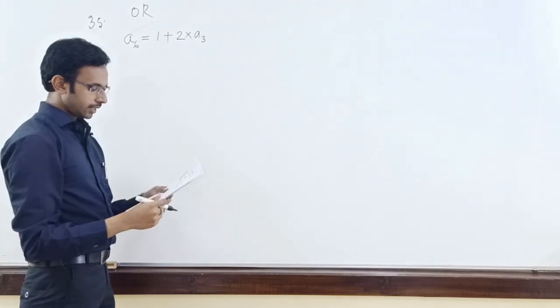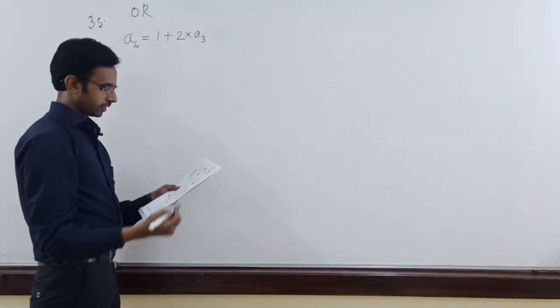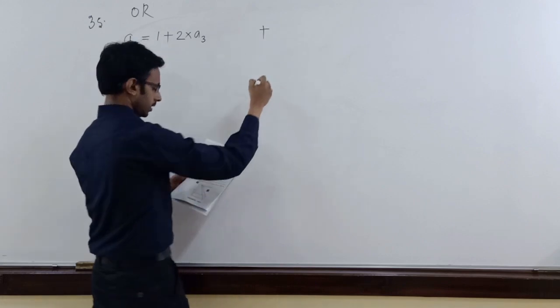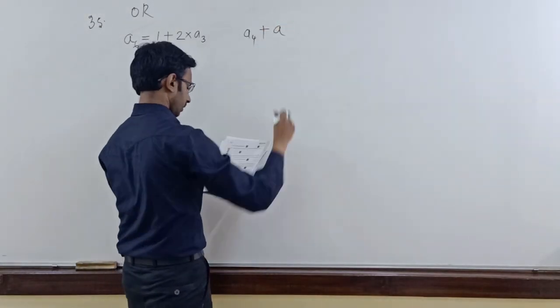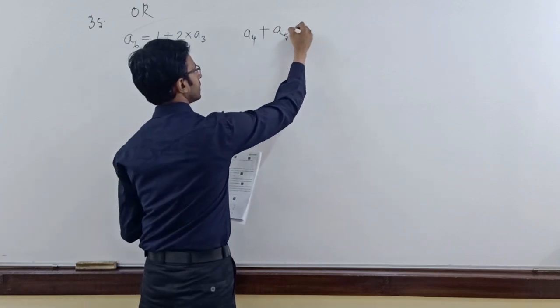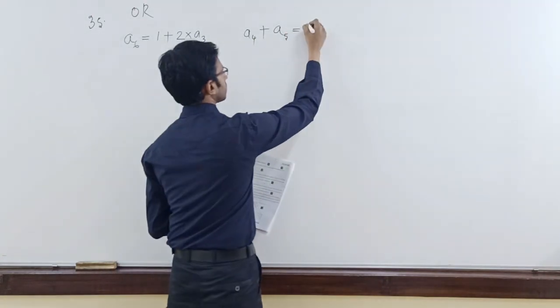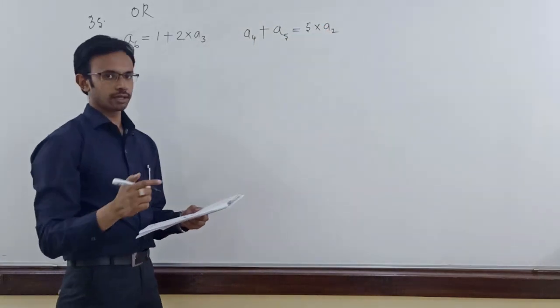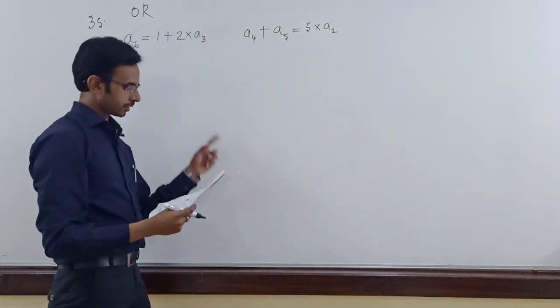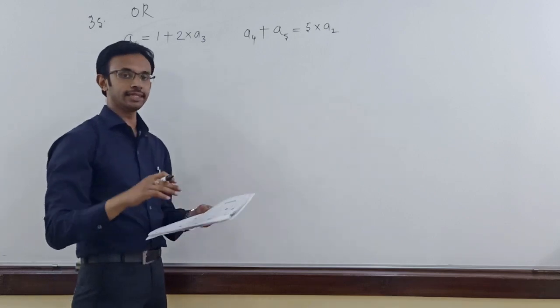They have also told the sum of the 4th and 5th terms. Sum means addition. The sum of the 4th and 5th terms is 5 times the 2nd term. The moment the word times is given, it means we should multiply. So these are the two hints given, and they are asking us to find the 10th term.